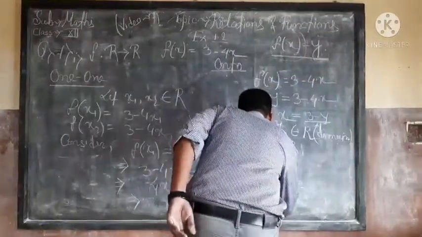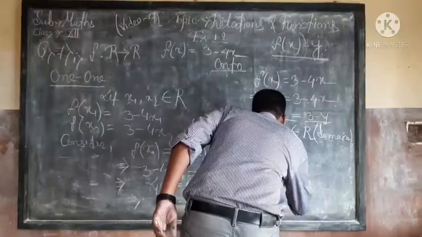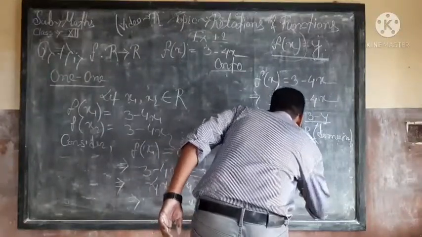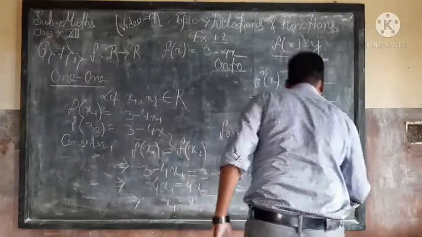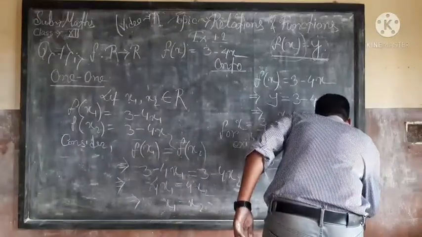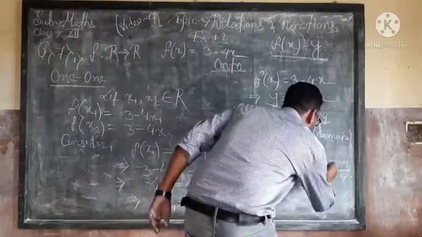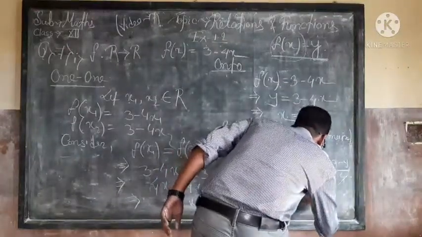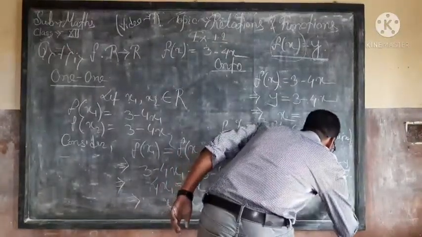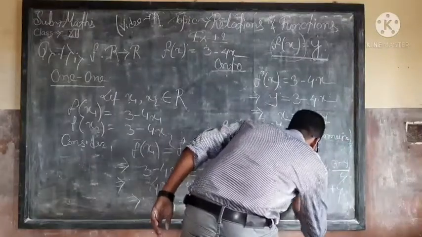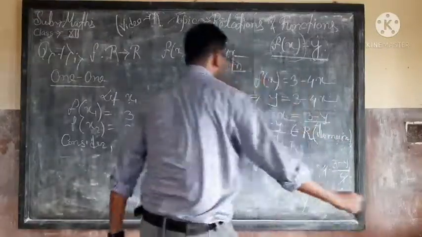If you put the value, 3 minus 4 into 3 minus y by 4, the 4 is cancelled, and we get 3 minus 3 plus y, the 3 is cancelled, that means y.